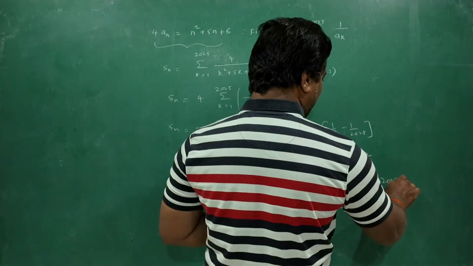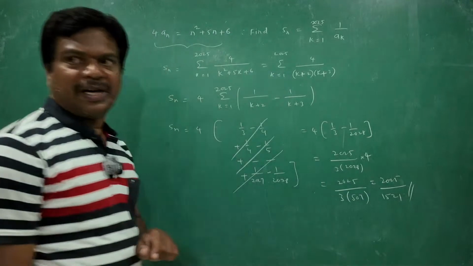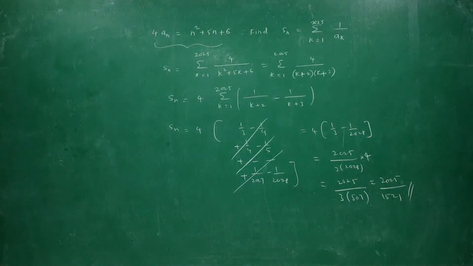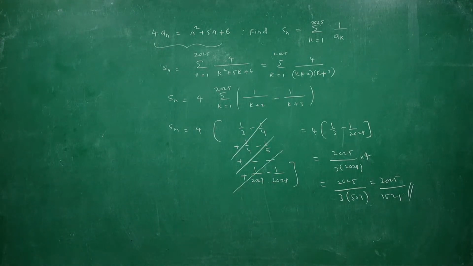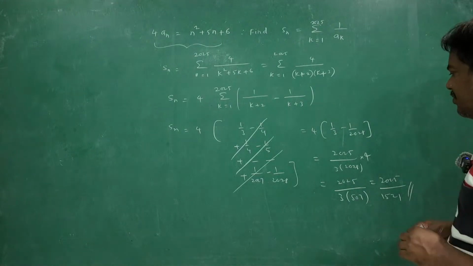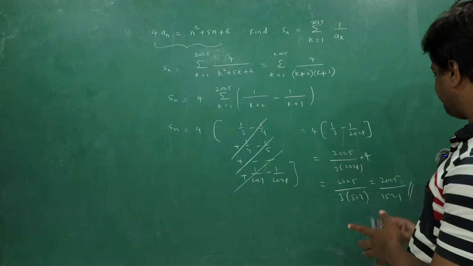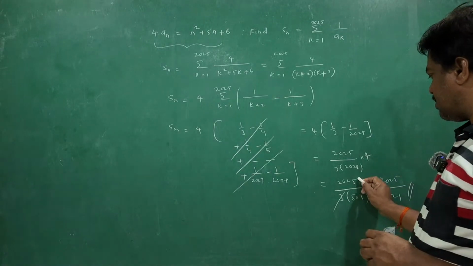So finally 2025 divided by 1521. 507. In the numerator it is 675, right? 675. So yes, you may cancel this.